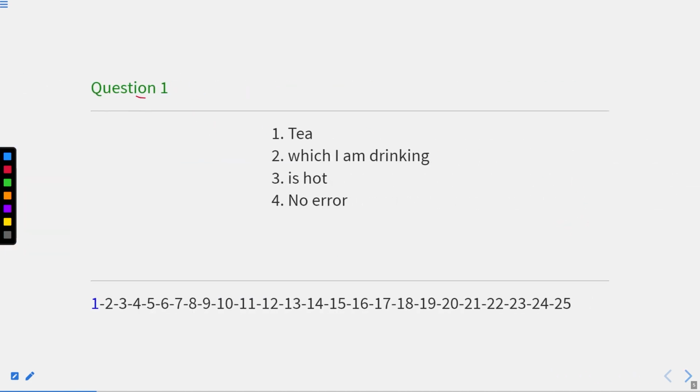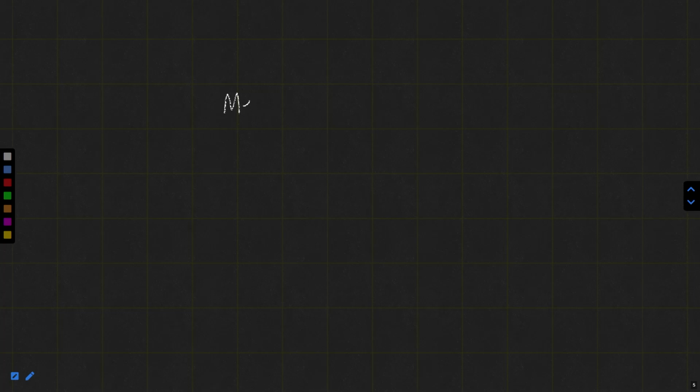So this is question number 1. The question is, "Tea which I am drinking is hot." Now here we are talking about tea, but this is not normal tea. Whenever we talk about the name of any meal or any food item, we do not use an article before it. But if we make this meal or food item particular, or we relate it to someone, we need to put a definite article.